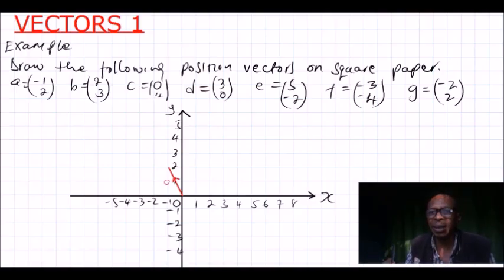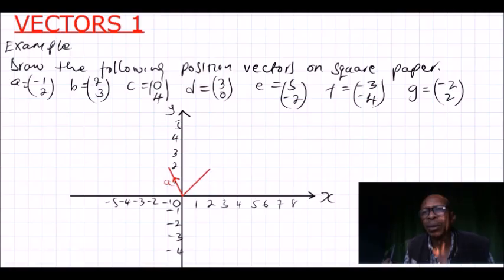We come to B. B is 2 units along the x-axis, 1, 2, and 3 units, 1, 2, 3.